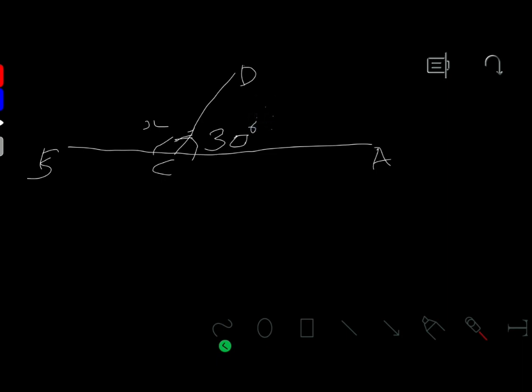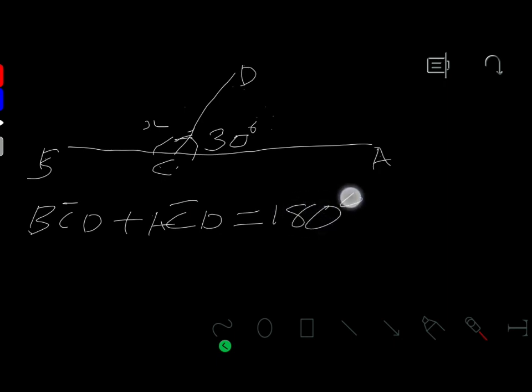So let's go. We have BCD, that is the angle on this section. So BCD plus ACD equal to 180. So what would we have? BCD is X. So X plus ACD is 30. X plus 30 equal to 180, right?